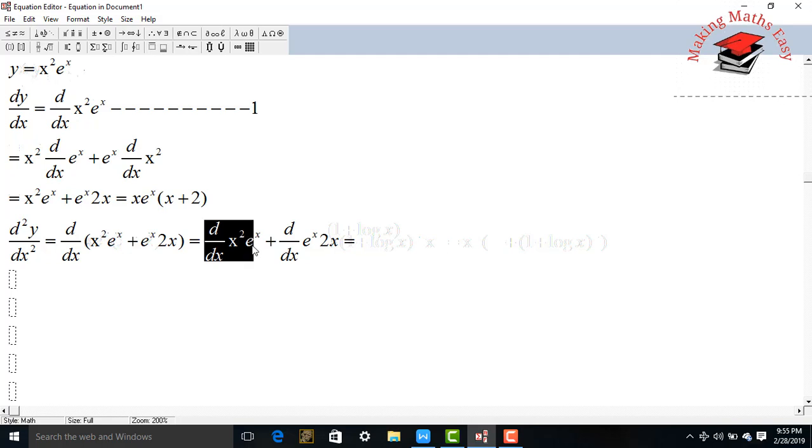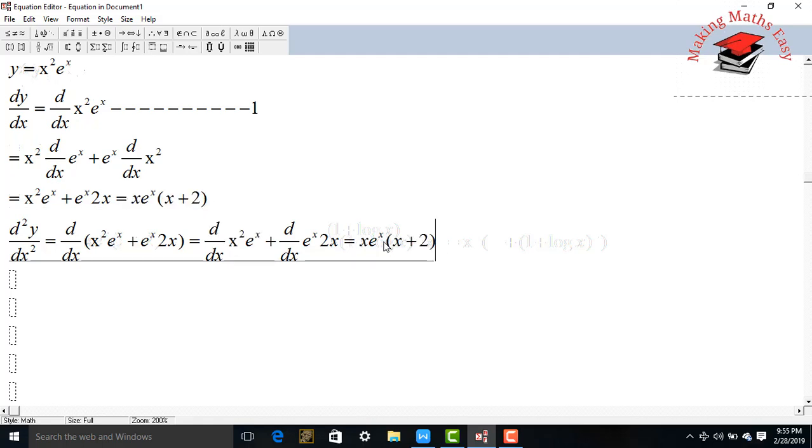So instead of writing or simplifying this complete expression, we have got the answer earlier over here. Okay, so x into e raised to x into x plus 2. So we can substitute from equation 1 over here: the dy by dx of x square into e raised to x is x e raised to x into x plus 2. So instead of this we can write this, no need to simplify.